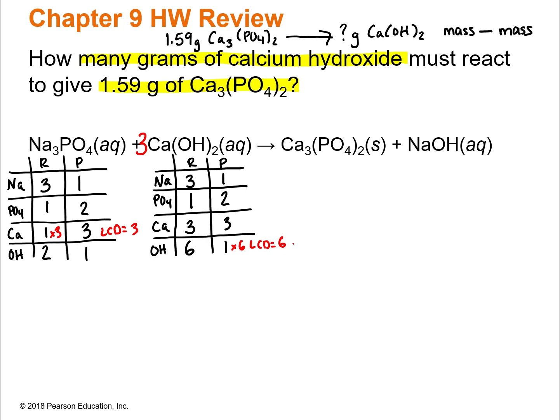That means we're putting a 6 in front of the compound that has hydroxide in it on the product side. That's the sodium hydroxide. So you place a 6 there, and you inspect to see what you've done.